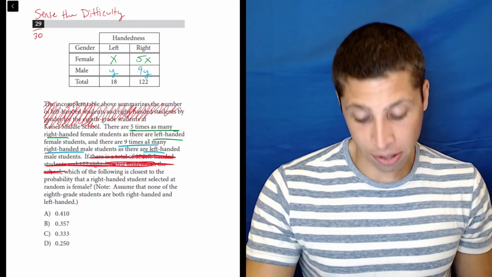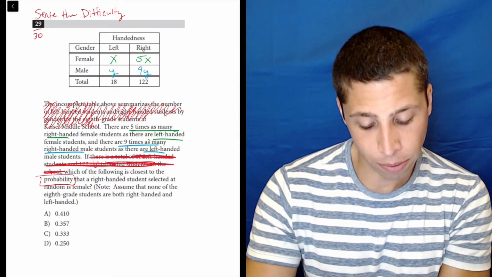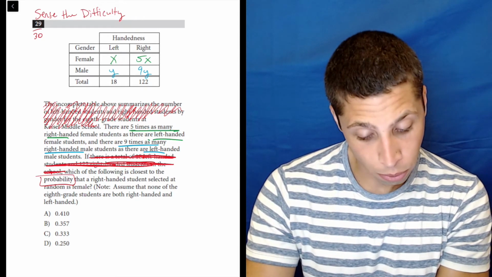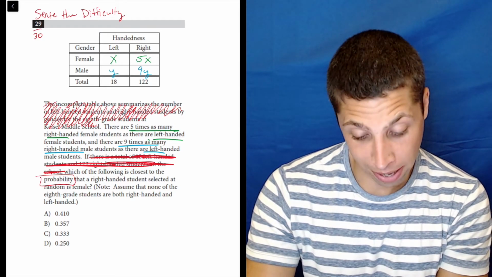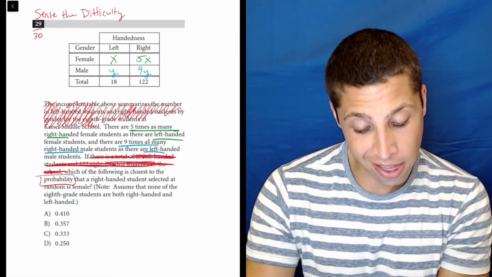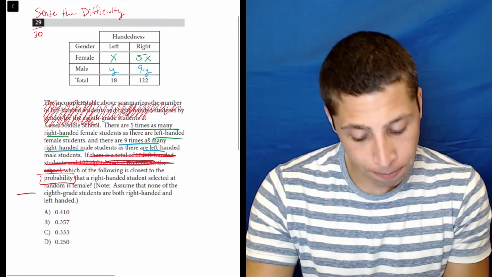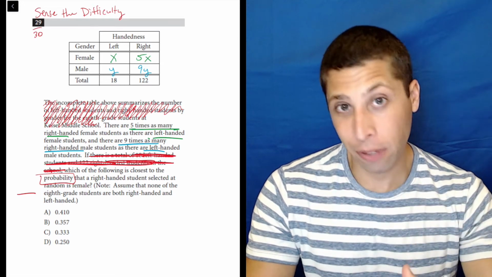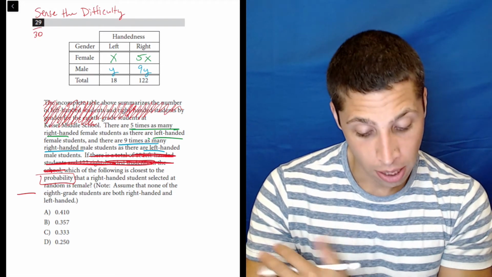Which of the following is closest to the probability that a right-handed student selected at random is female? Woof! A right-handed student selected at random is female. So this part is going to require that I make a fraction. And whenever we have these chart questions, the denominator of the fraction is really important.